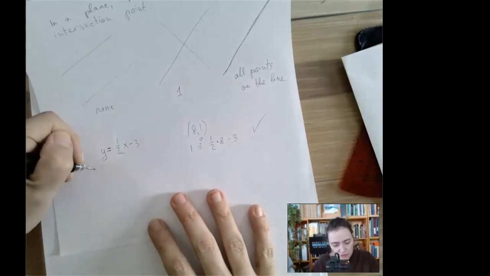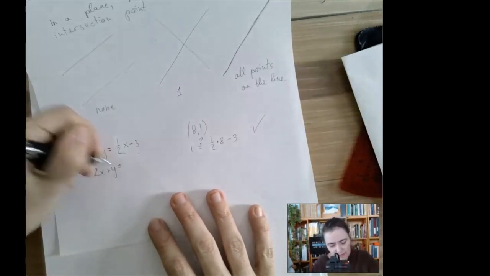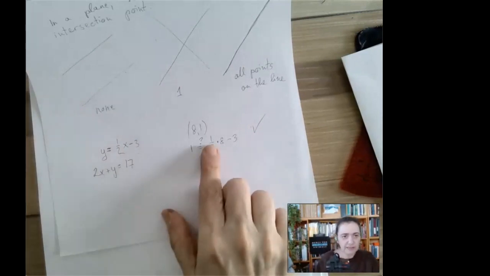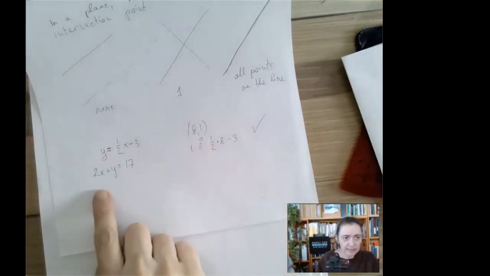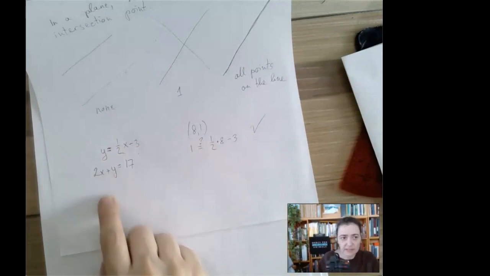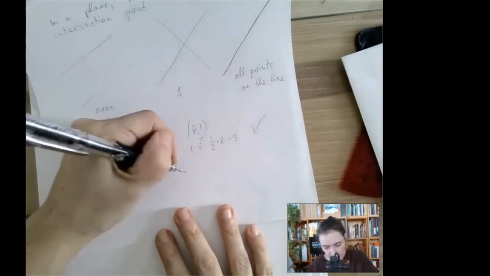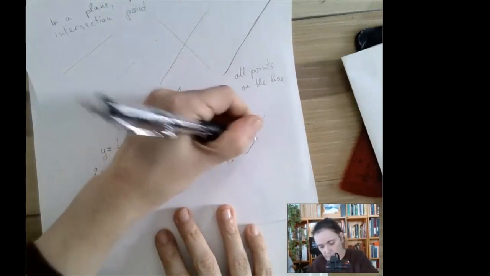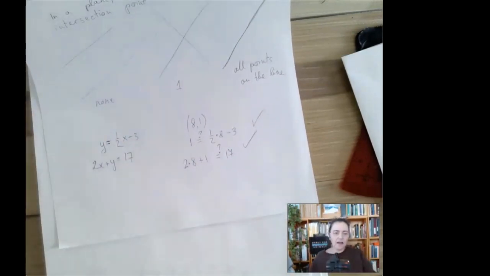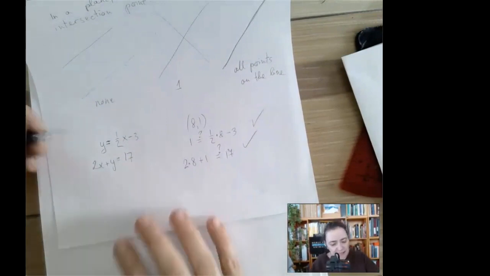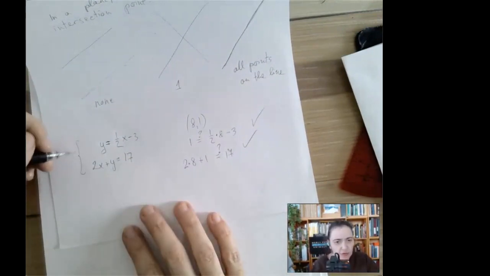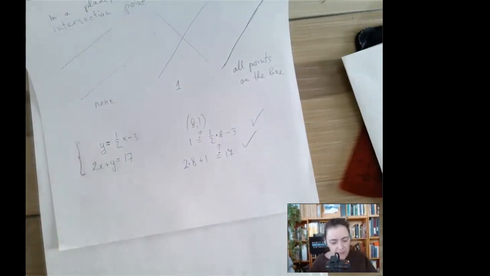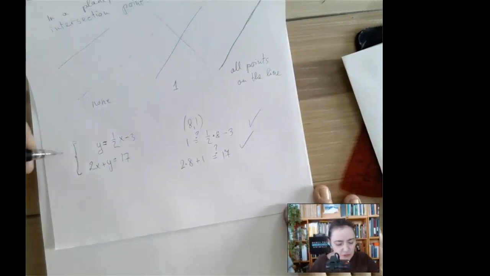And the other equation, 2x plus y equals 17, should also work with x equals 8, y equals 1. 2 times 8 is 16, plus 1 is 17. So we can make one item out of this, embracing it as one big item, or sometimes you will see the equations labeled as first equation, second equation.